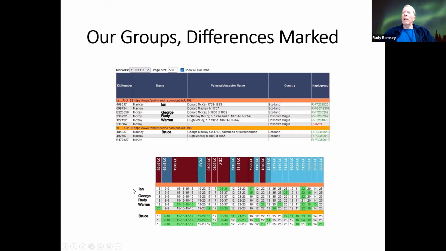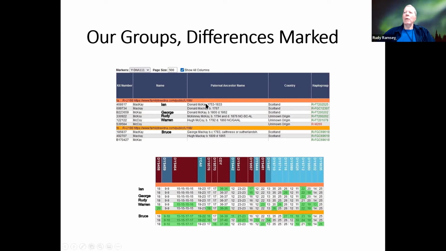Let's look at the line of Ian Stewart McKay here. Let me run across the top here. I should have done that before. So here's Ian's line. This is his sample number at FTDNA. Here's the surname that it represents. I've added his name to show you what in this table means what.